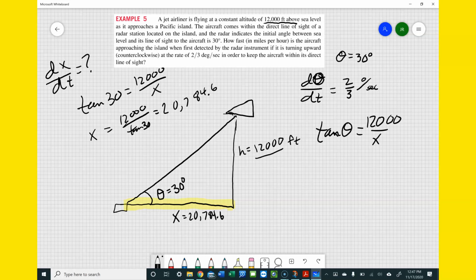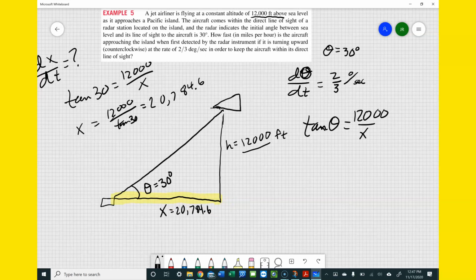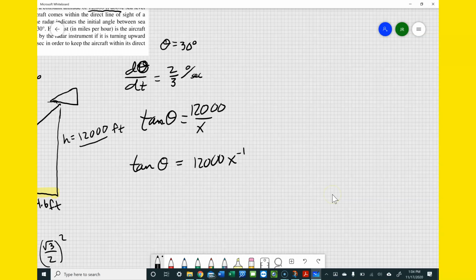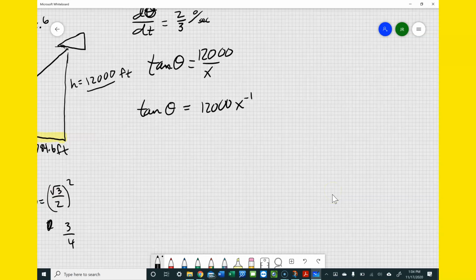And so now I'm going to rewrite this. I think I'm going to go ahead and do the derivative, but before I do that, I'm going to rewrite it as tan theta equals 12,000 x to the negative 1 to make the derivative simple. So let's go ahead and do the derivative of both sides with respect to t.